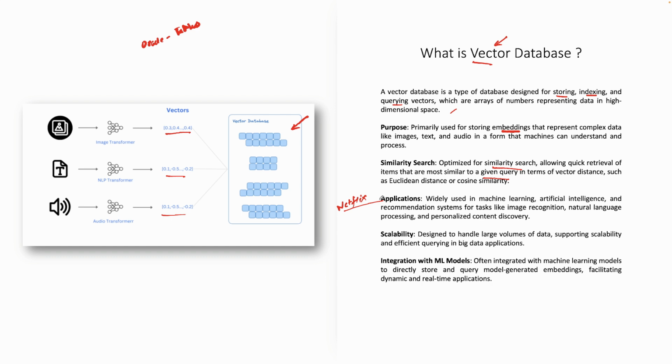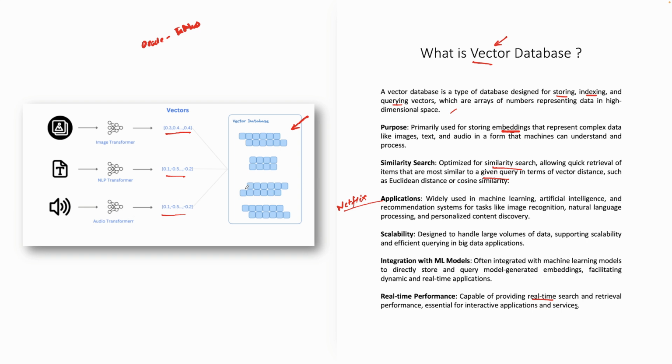And the vector databases can be integrated with machine learning models, which helps to directly store and query the model-generated embeddings, right? So the key takeaway is that most of the vector databases available today can be integrated with your machine learning models. They are also capable of providing real-time search and retrieval performance, so you can easily query in real time.